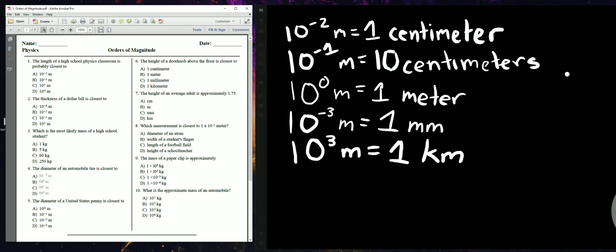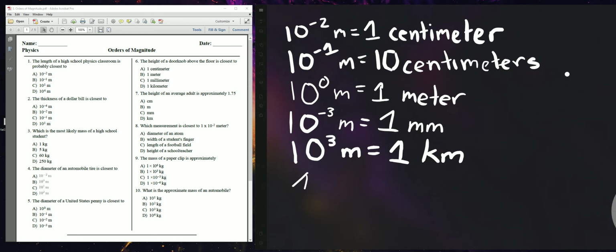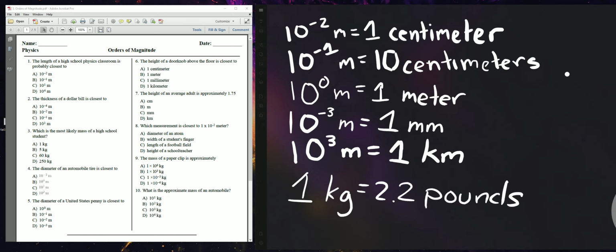Number three, which is the most likely mass of a high school student? Well, we can equate 1 kilogram to around 2.2 pounds. We're going to have that equivalence right there. If you convert it into pounds, you'll realize that most of those options are false.